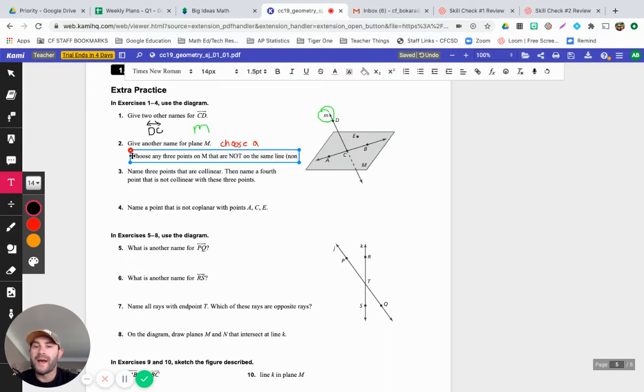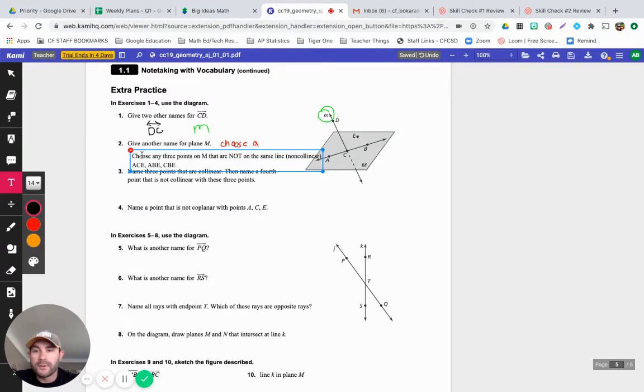So we could name this also. You could pick A, C, and E, so you can name it ACE. You can name it ABE. You can name it CBE. Any of those points that are not on the same line should be okay to use to name that.